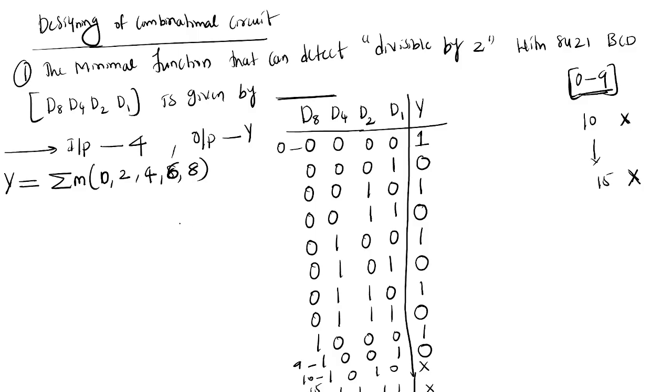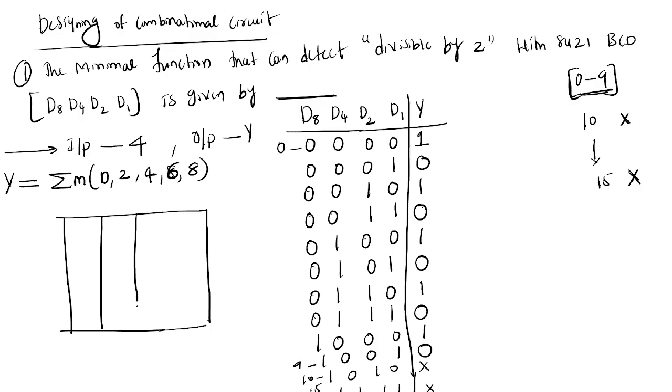Next you need to draw the K-map to get the logic expression. What are the inputs? D8, D4, D2, D1.